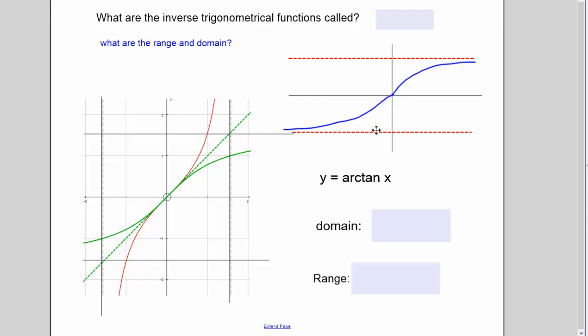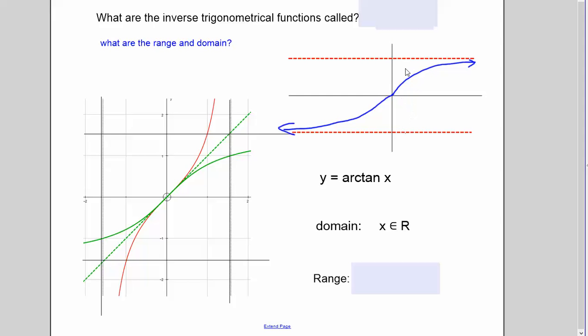Now what about the domain for that? Well, we can see that this is going along the asymptote, but it's going to carry on along the asymptote up to infinity, and then going backwards it's going to go to minus infinity. So the domain will be all the real numbers.